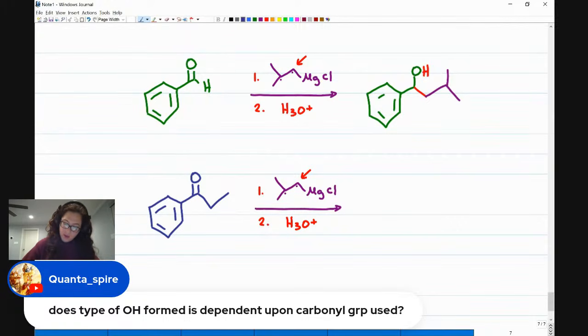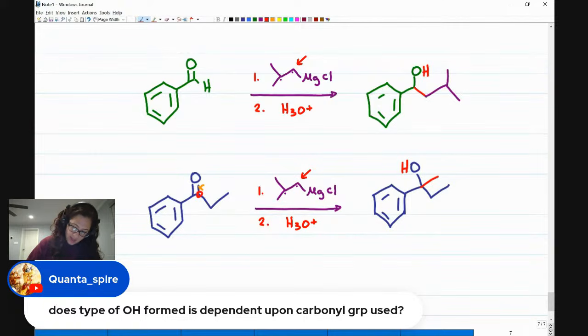Let's do that. For my product, I start with my carbon chain exactly as I see it. The carbonyl, I break a pi bond and only put an O with an H. That's my alcohol. A new bond starting at the carbonyl carbon, and then I add the incoming Grignard, in this case 1, 2, 3, with a methyl group right there.